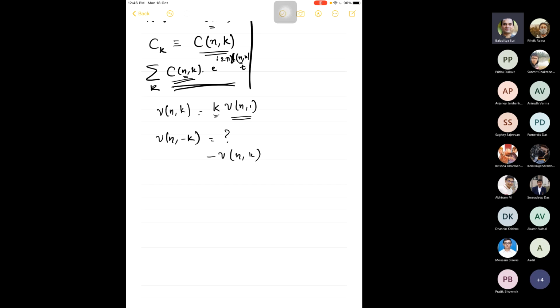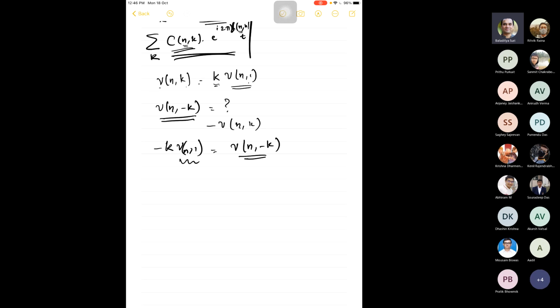Because whenever you see this expression, just put minus k times nu of n comma 1. This is the fundamental frequency. This is nothing but nu of n minus k. So basically, nu nk is k times nu n1. Nu n minus k is minus k times nu n1, which is minus nu of nk. All these are the various properties.